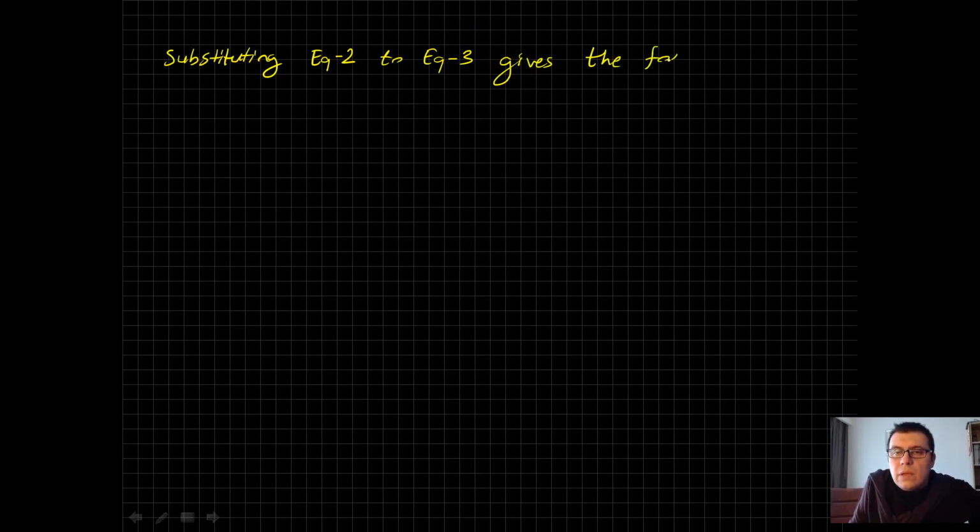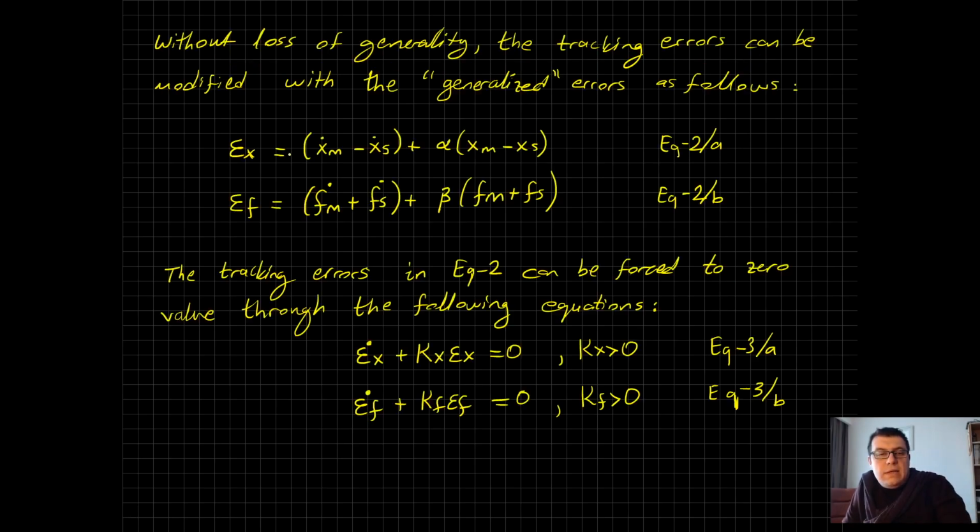So substitute equation 2 into equation 3 gives the following. Well, what we have is the definition of error in a generalized way. Just take this, differentiate, and take this, multiply by kx, and satisfy this equation. So substitute there in the equation.